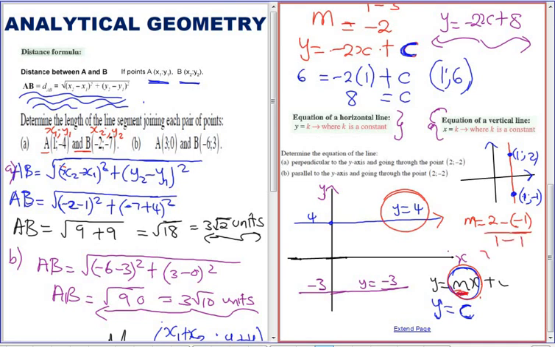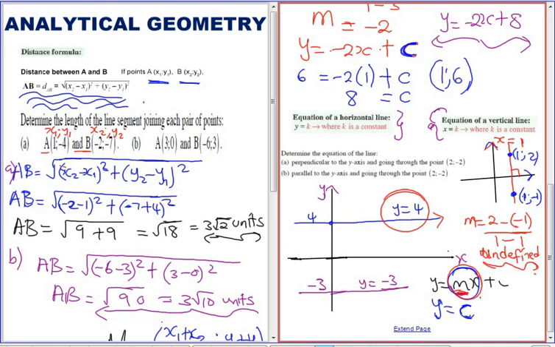As you can see, the gradient here will be undefined. So we do not even have a defined gradient for a vertical line. So if it's a vertical line, it is definitely parallel to the y-axis, and it has an equation which starts with x is equal to a constant. Like for this one that we have, I can write it as x is equal to 1 easily.